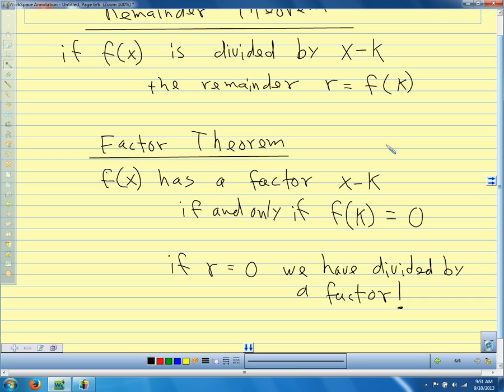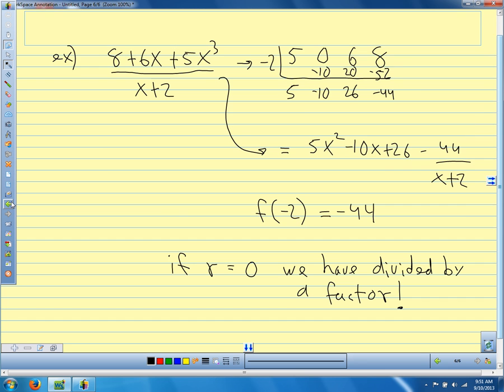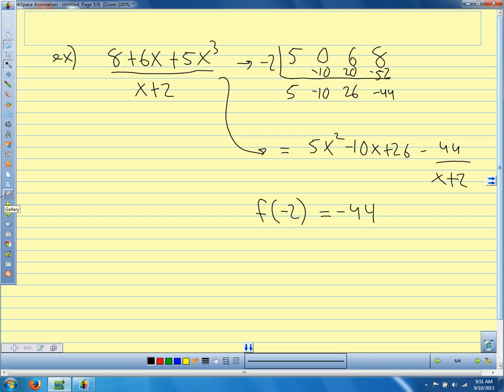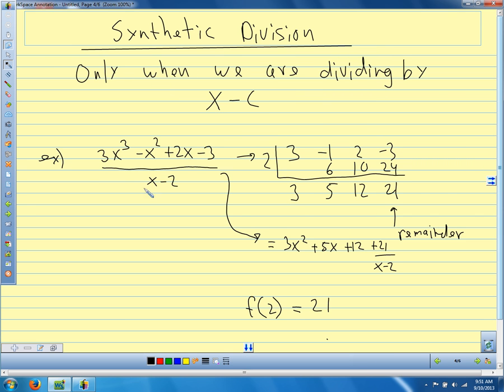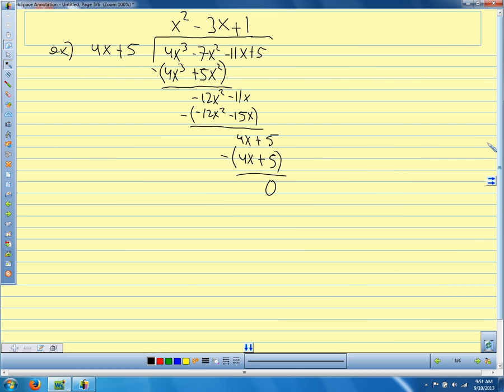I think there's one question at the end that asks you to then completely factor the polynomial. So let's look back at this example. Where was it where we had a remainder of 0? So here's where we divided and we got a remainder of 0. That tells us that 4x plus 5 is a factor.